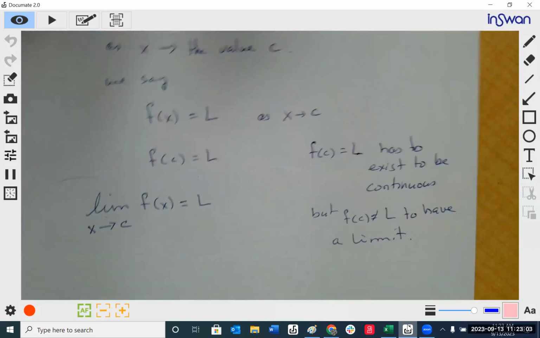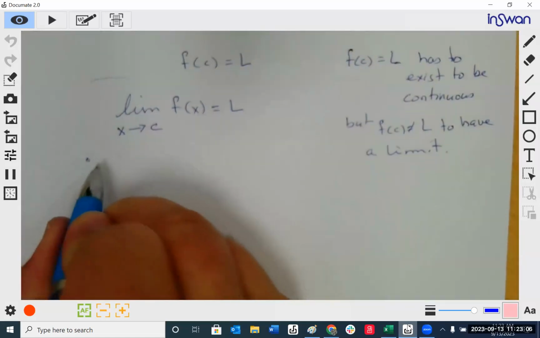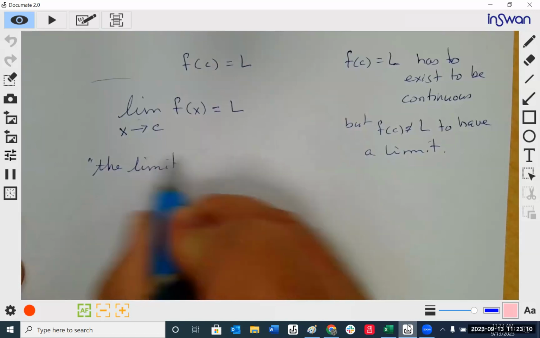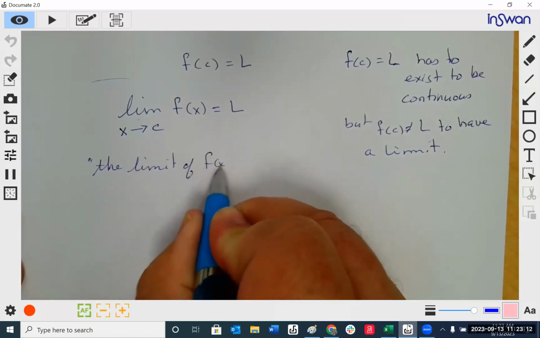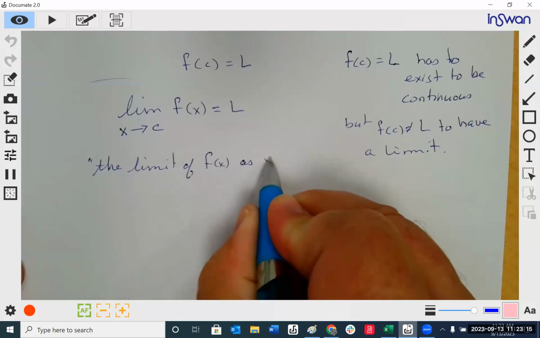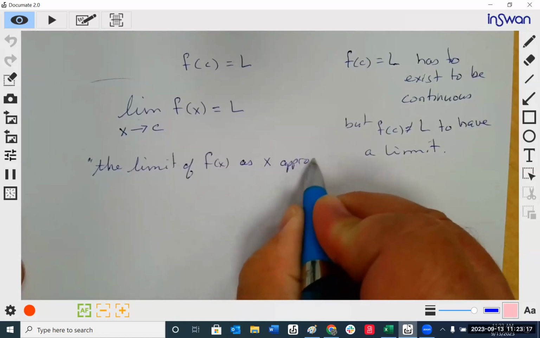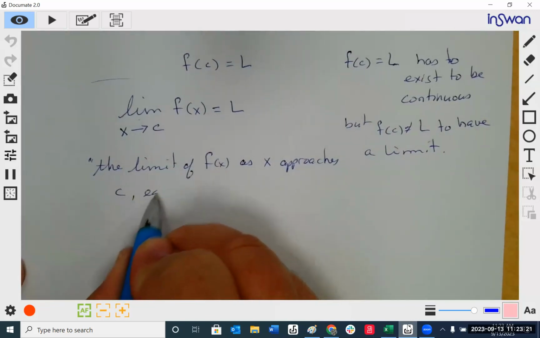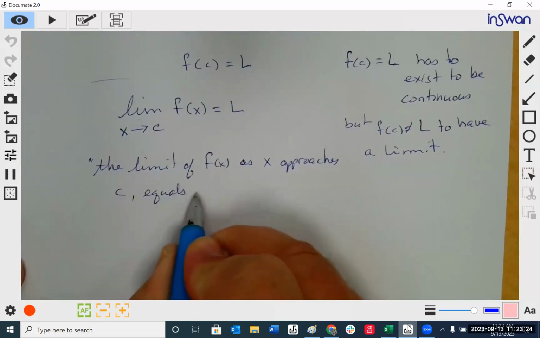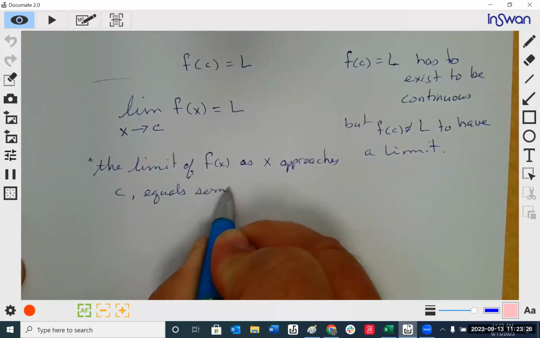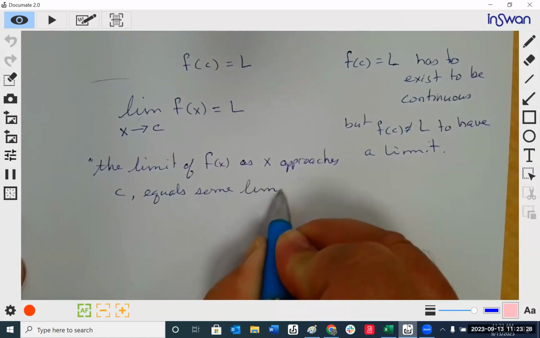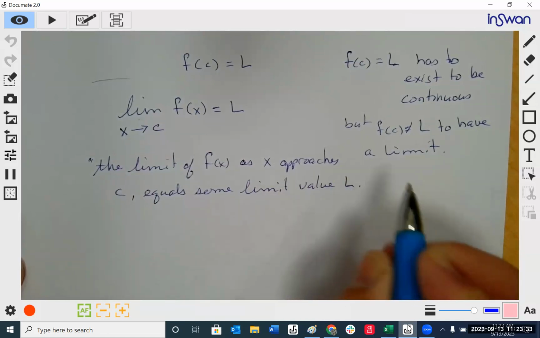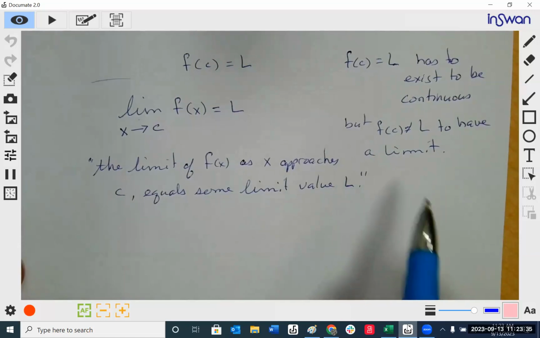This is read: the limit of f of x as x approaches c equals some limit value L. That's how it's read.